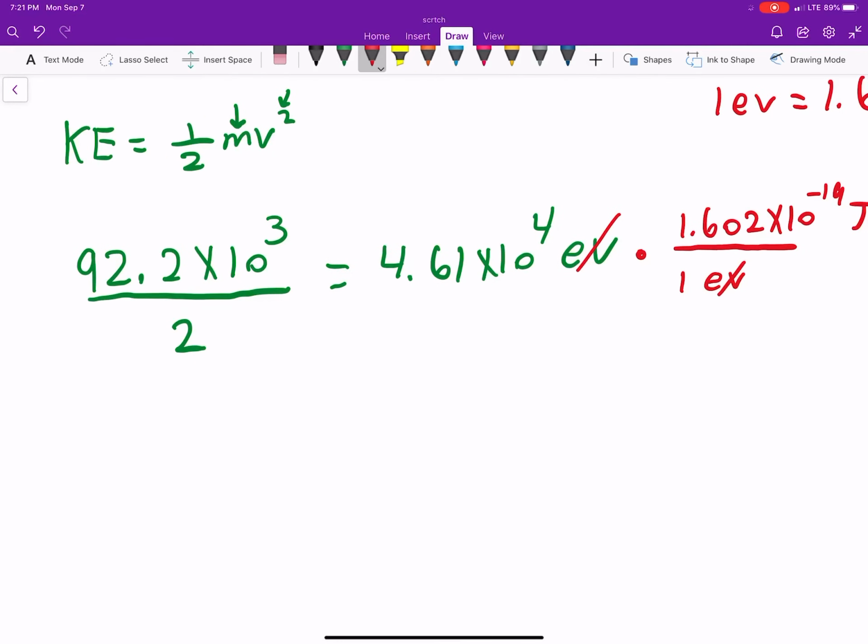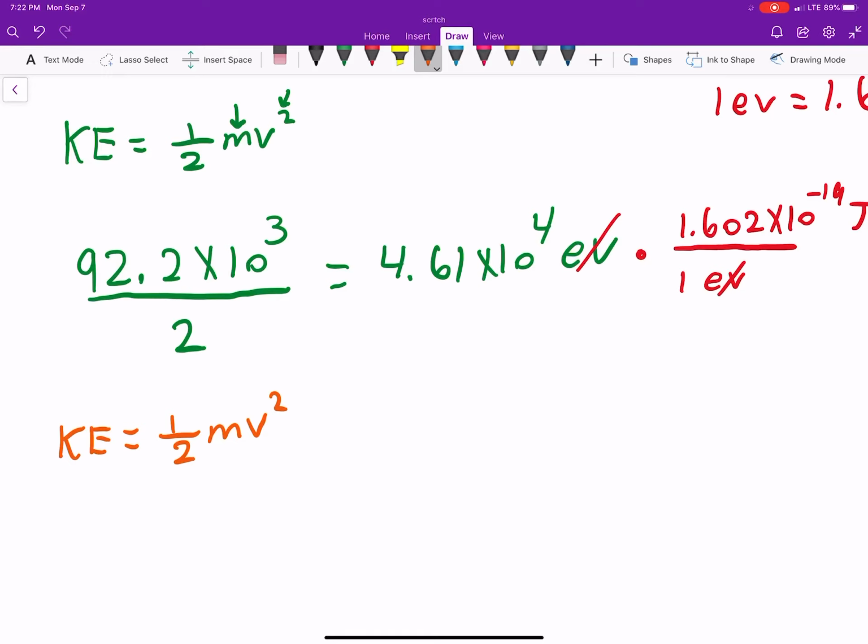Now, if you want to find the speed of one of the particles, well, they both have the same speed, just different direction, we can say that kinetic energy is 1/2 its mass times velocity squared.